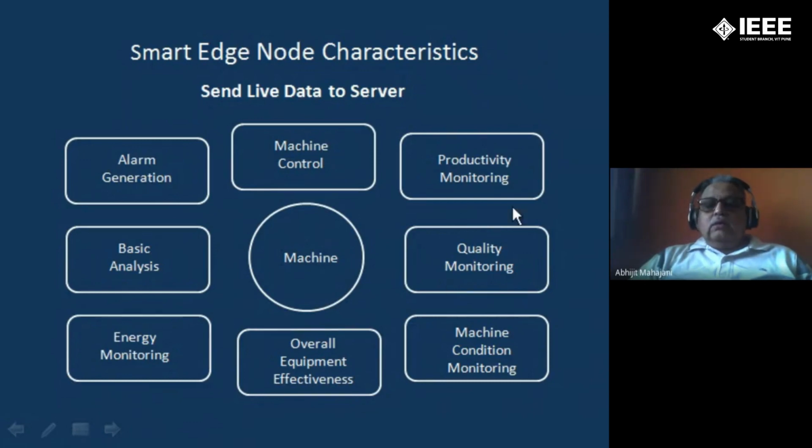And then you have something called quality monitoring also, which is required, because we always say that when you want to go for any kind of automation, your processes must be robust. Because if you don't have a robust process, you might end up with a lot of rejections. You know, garbage in, garbage out. That is basically because the programs are checked, cross-checked, and perfected. But that doesn't happen with the manufacturing process.